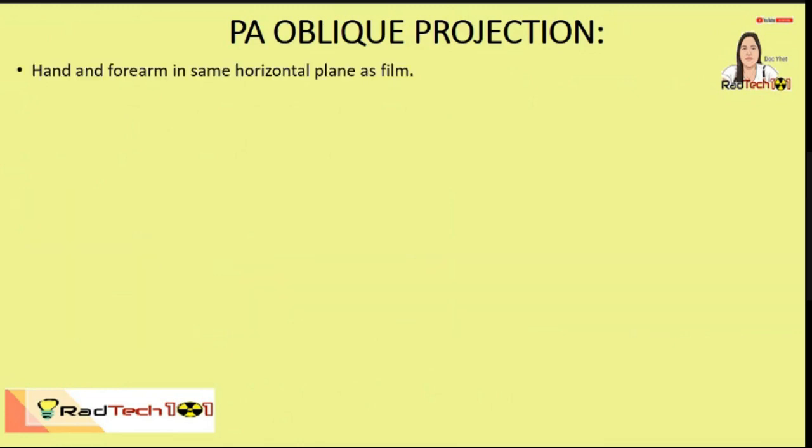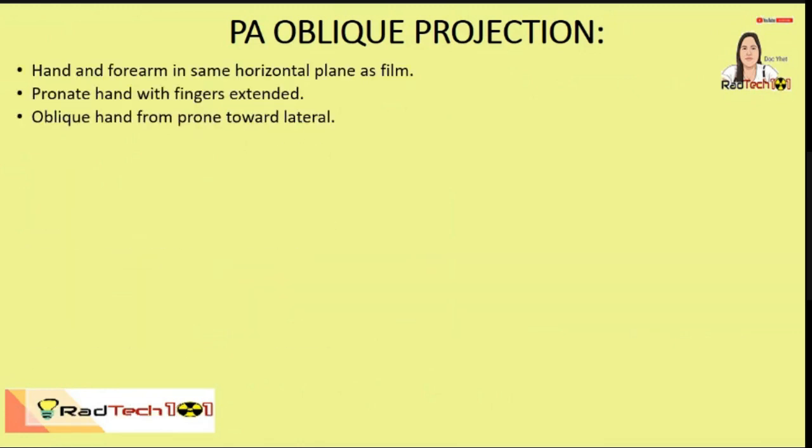Next, for PA oblique projection. So hand and forearm, the same horizontal plane as film. Pronate hand with fingers extended. So naka-prone ang hand with fingers extended. Then oblique hand from prone towards the lateral.